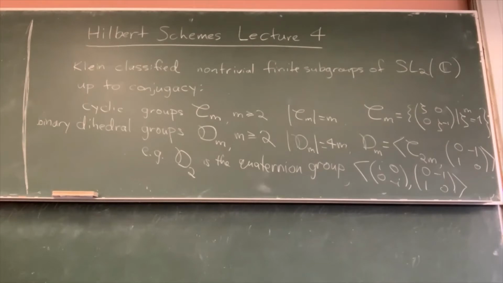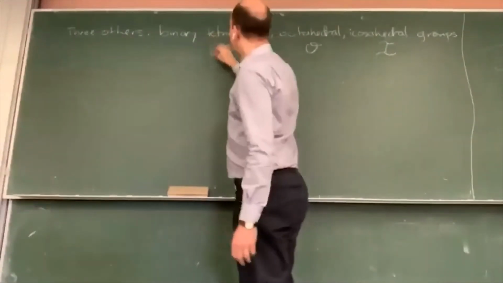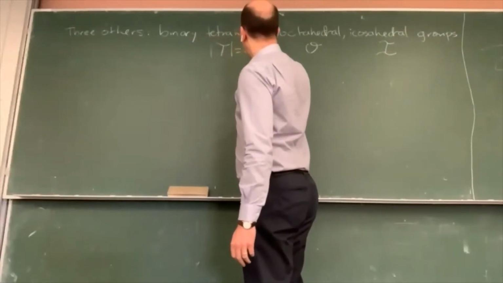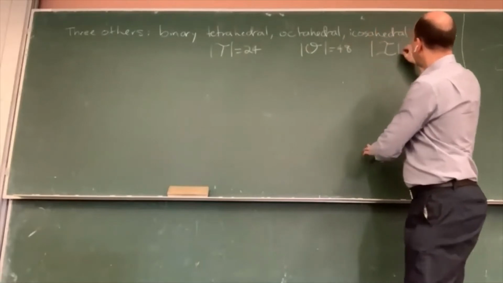So the three others are the binary tetrahedral, octahedral, and icosahedral groups. So I won't really be referring to them during the lecture, but let's say they're called T, O, and I, and T has order 24, O has order 48, and I has order 120.